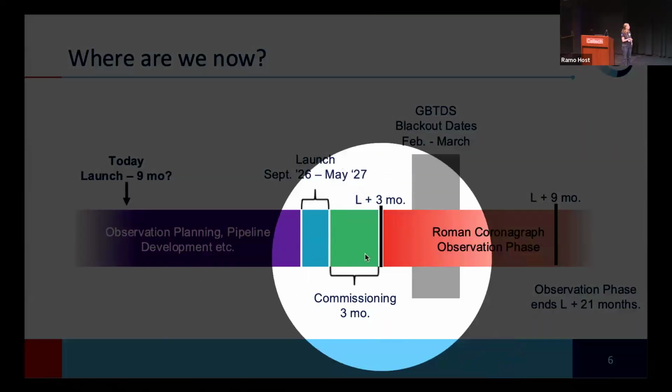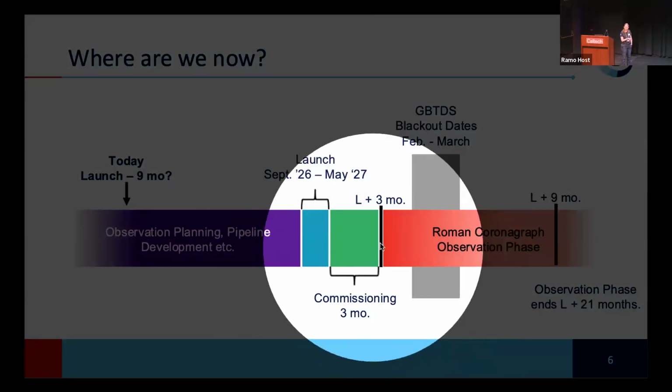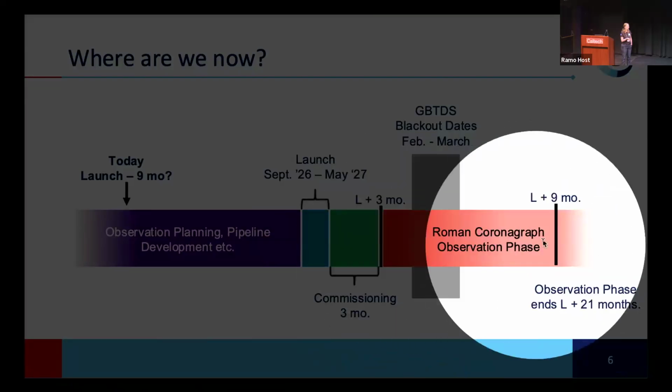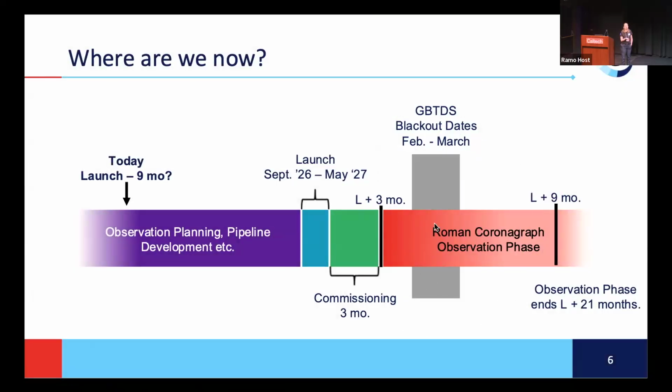Following launch, we have this 3-month commissioning period, and then that observation phase. Assuming a late September launch date, the observation phase would start in January of '27. And so that's sort of the 6-month block we're considering going forward. Within that, we have the further constraint of the wide field instrument observations.